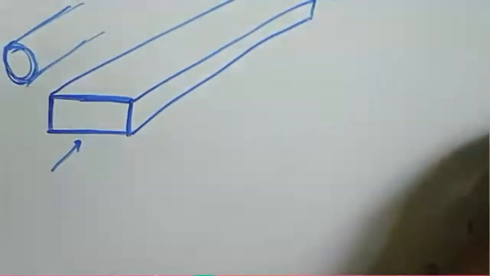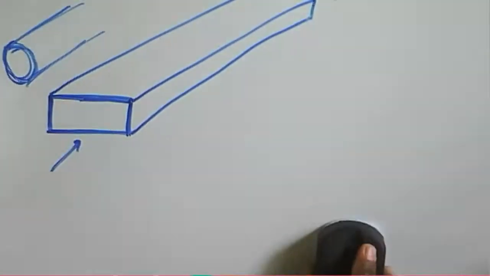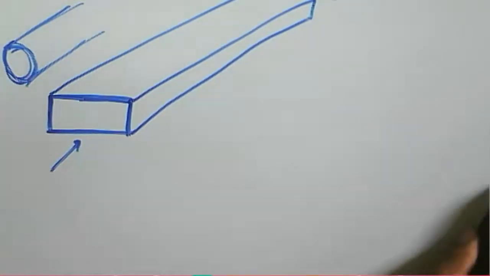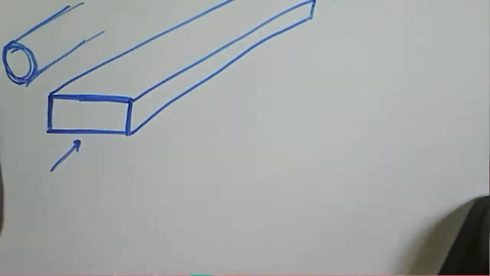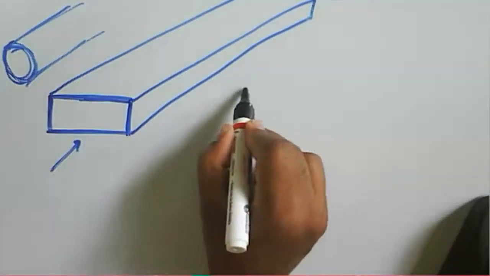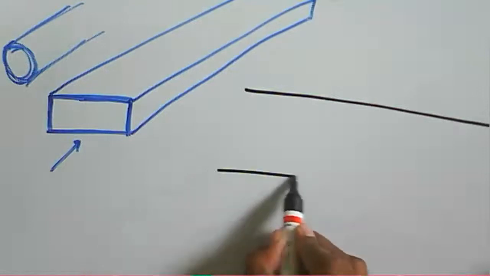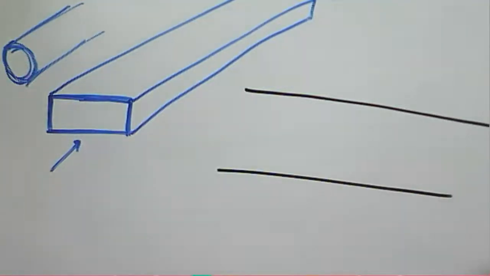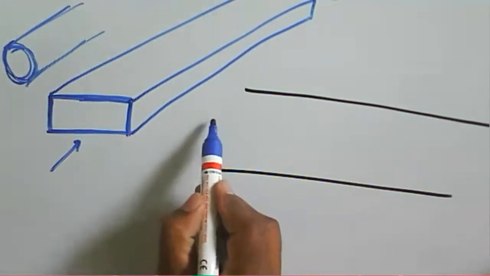It has two components, one is a normal component and one is a parallel component. Just like if we consider your rectangular waveguide, your wave is propagating through this guide.